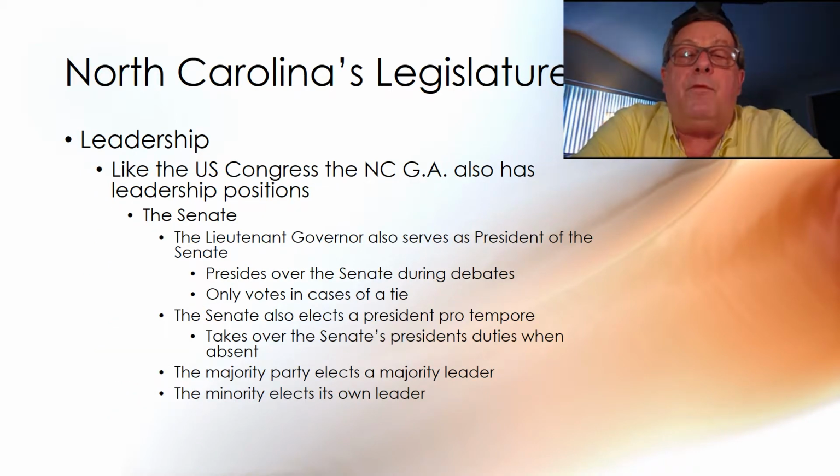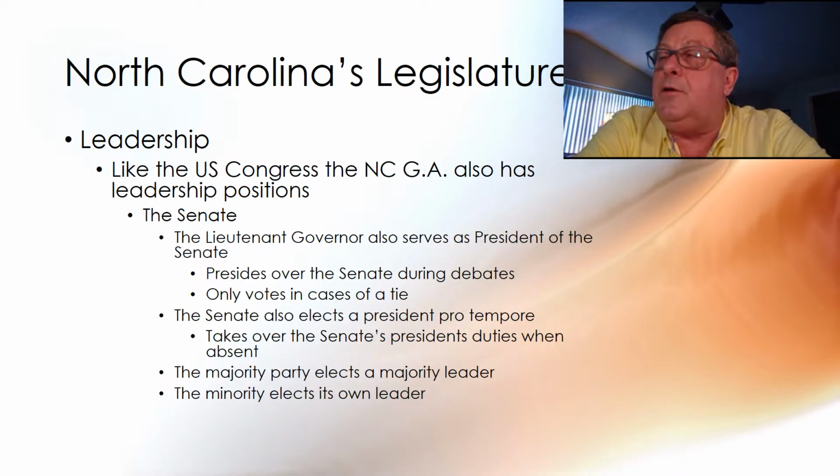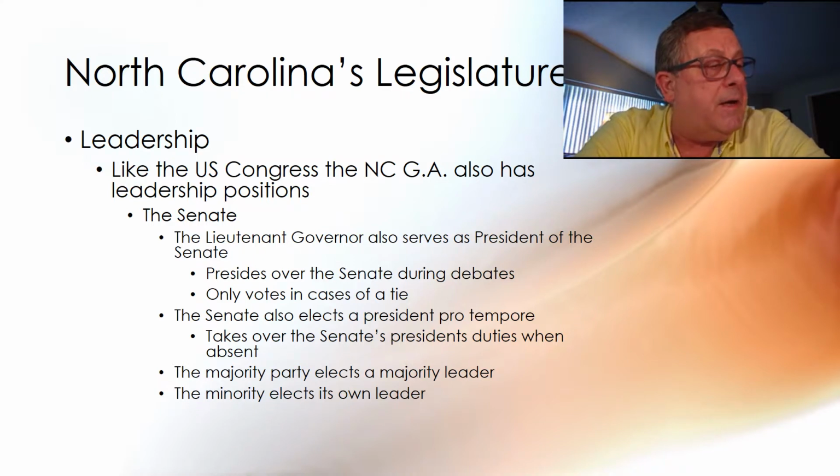Now, again, we're going to also have leadership. So like the United States Congress, the North Carolina General Assembly also has leadership positions. In the Senate, the lieutenant governor, and the lieutenant governor here in the state is a man by the name of Dan Forrest, serves as the president of the Senate, and he presides over the Senate during debates, but he can only vote in cases of a tie.